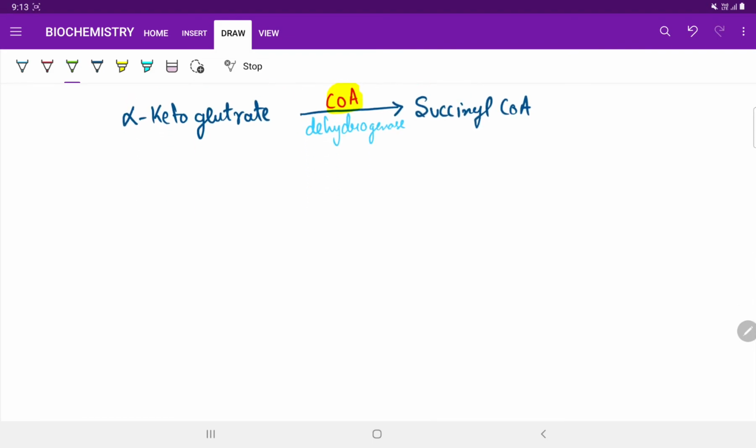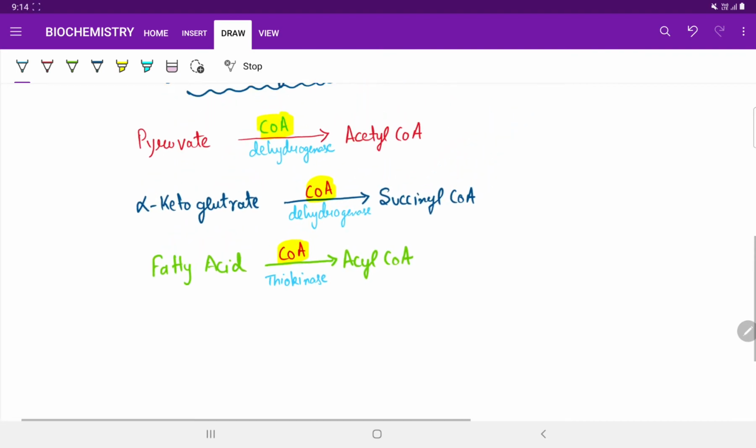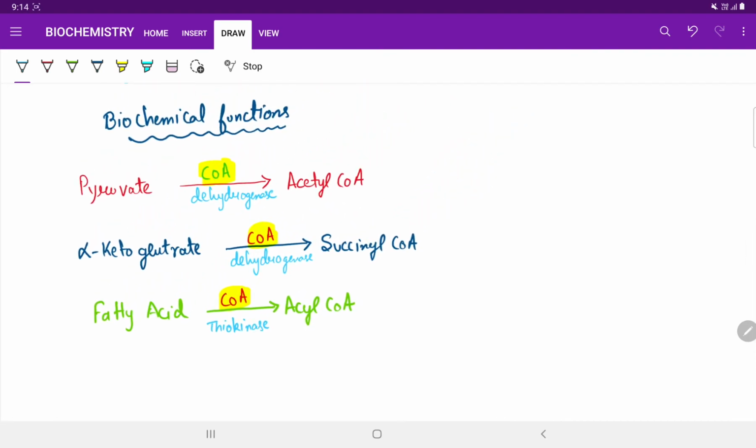And then the formation of acyl coenzyme A from fatty acid. This also occurs in the presence of coenzyme A, and the name of the enzyme is thiokinase. So students, these are the important biochemical reactions in which coenzyme A is involved.